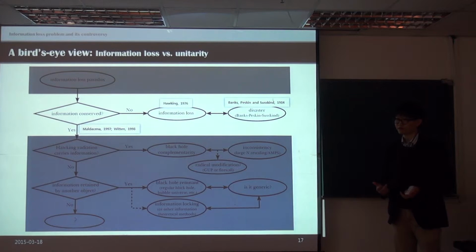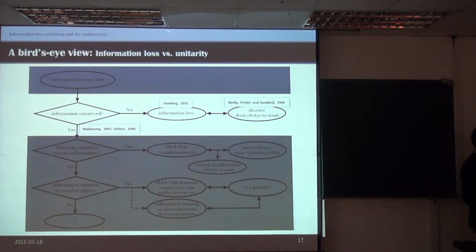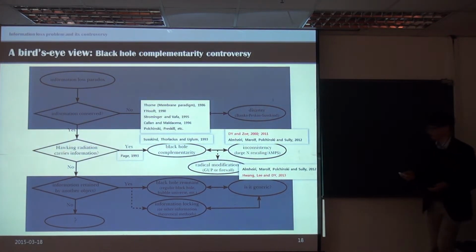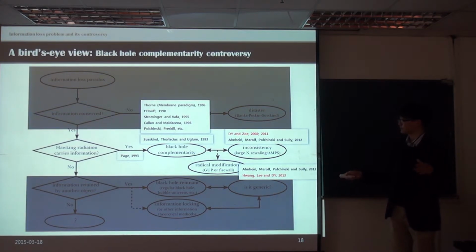And thirdly, we are now living in de Sitter space, not anti-de Sitter space. So maybe there are some subtle issues, but it's also fair to say that it's very reasonable to trust the yes direction. If we say yes, let's ask this question: does Hawking radiation carry information or not?